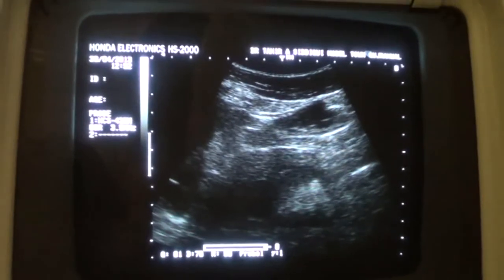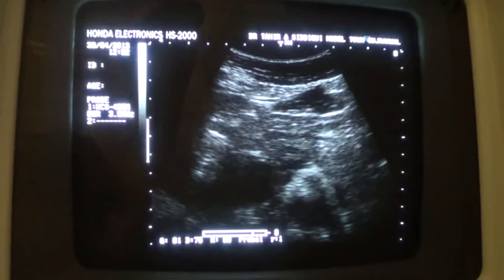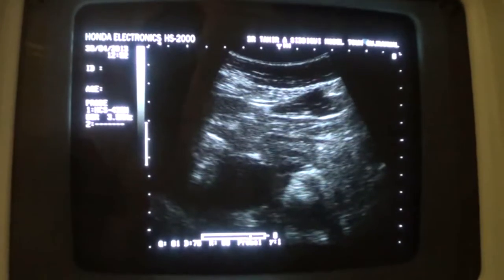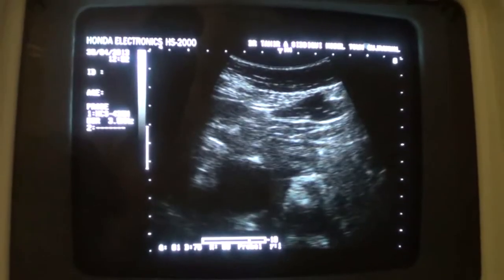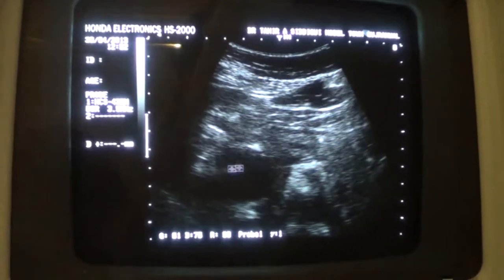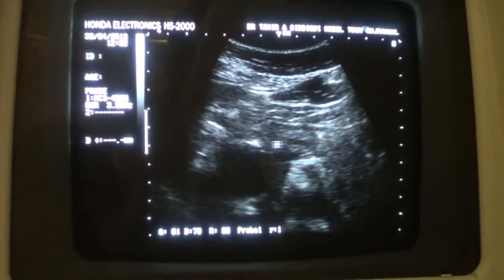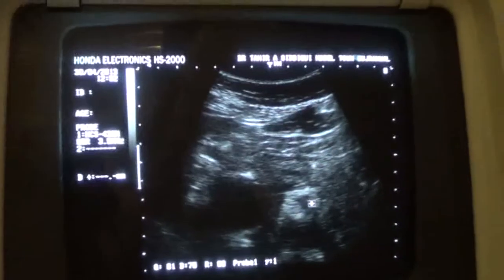And I think the obstruction lies somewhere in the region of the duodenum, where the CBD enters the duodenum, because this is the common bile duct, dilated. This is the pancreas. This is the pancreatic duct. This is superior mesenteric artery.